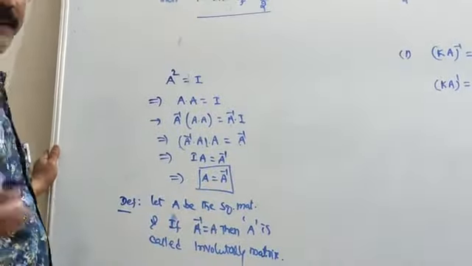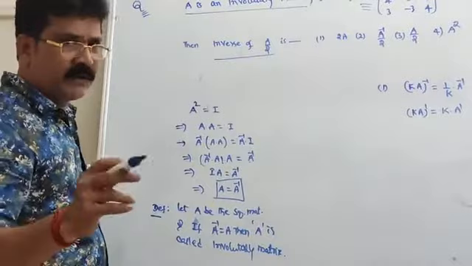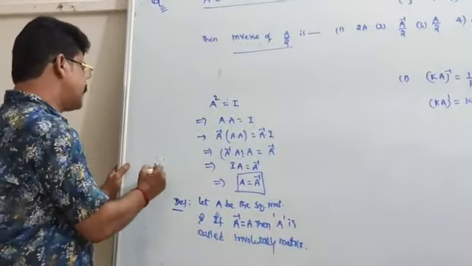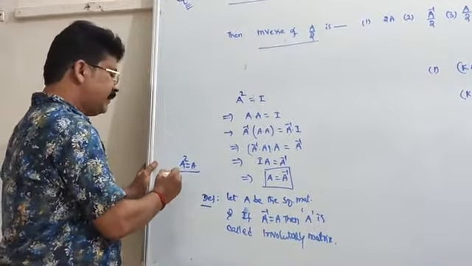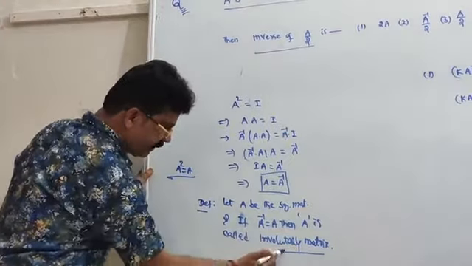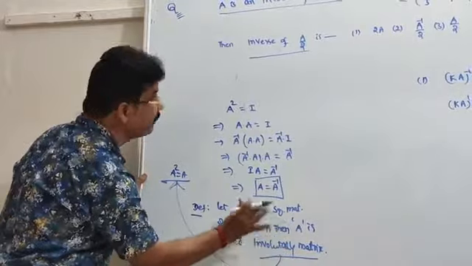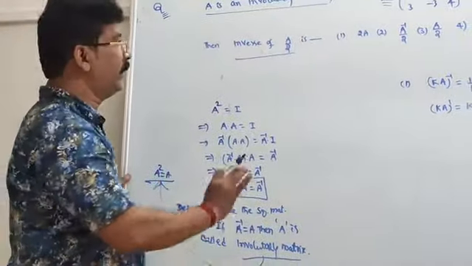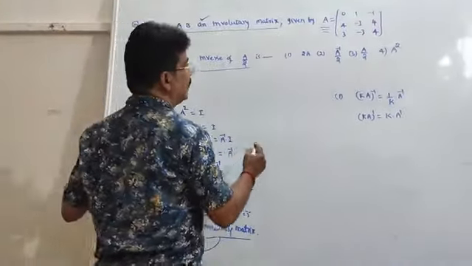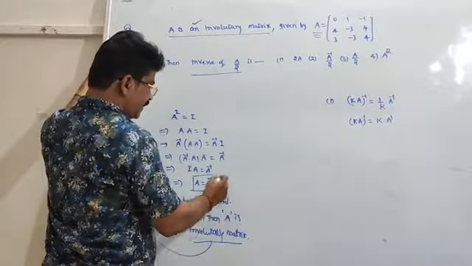So we can change the definition like that. Of course, already I said if A square equal to I, then A is called an involutory matrix. So we can make another definition for involutory matrix. According to this definition, we are having A inverse equal to A.